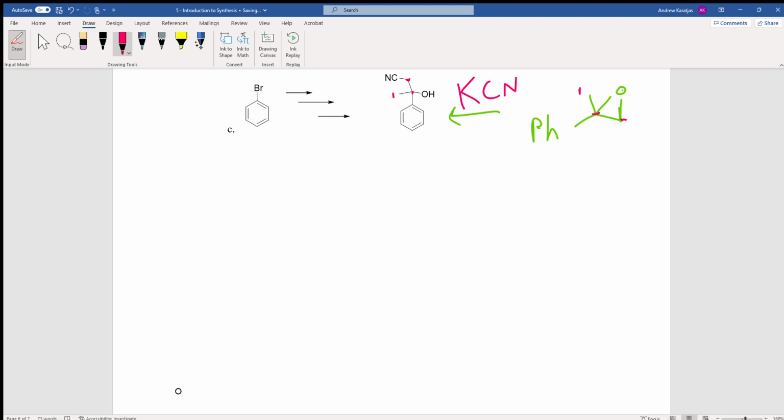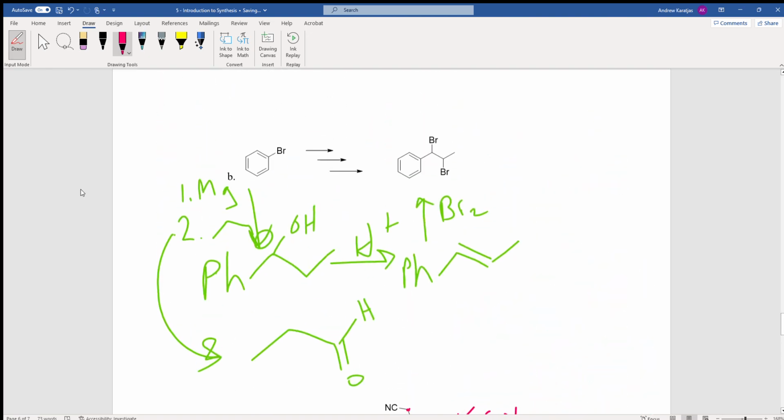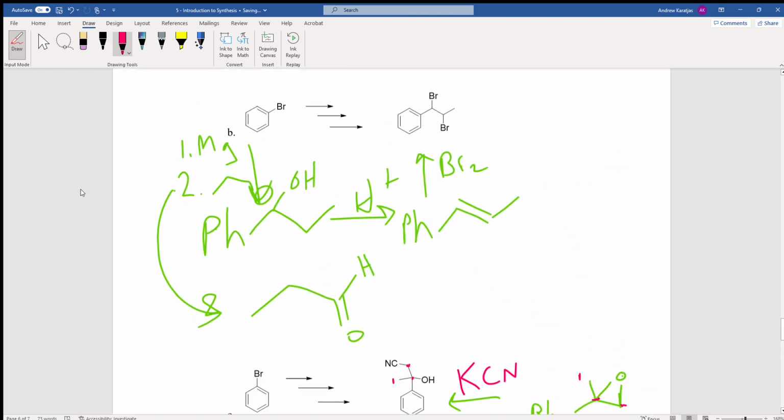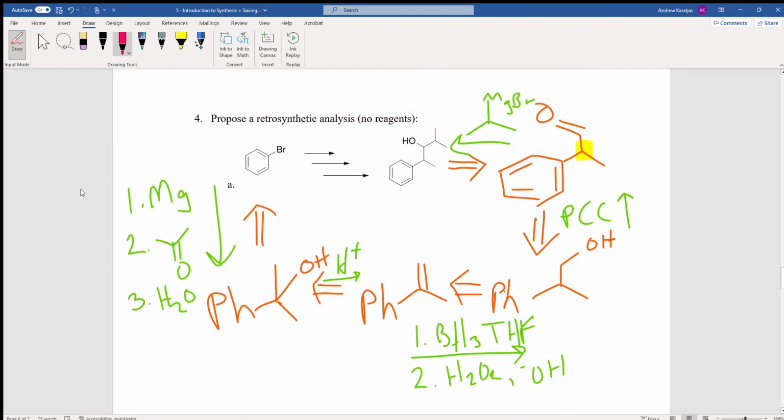Now, to make an epoxide, there's only one way that we've learned to do that, and that's with MCPBA. And now, if you notice, we're actually in the same spot that we were in the previous question, number 1.